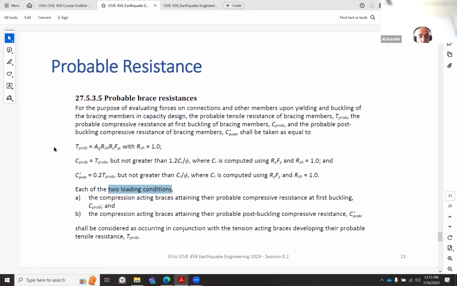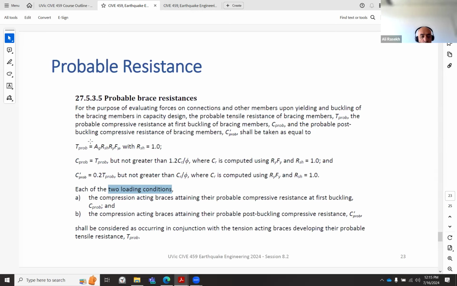So we should assess the probable brace resistance for the purpose of evaluating forces on connections and other members upon yielding and buckling of the bracing members in capacity design. The probable tensile resistance of bracing members, T probable, the probable compressive resistance at first buckling, C probable, and the probable post-buckling compressive resistance of bracing members, C prime probable, shall be taken as follows.